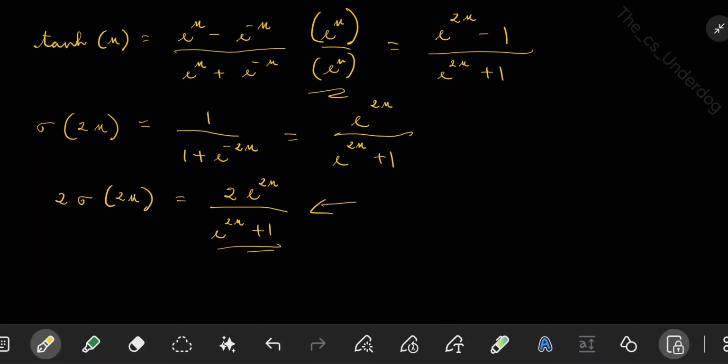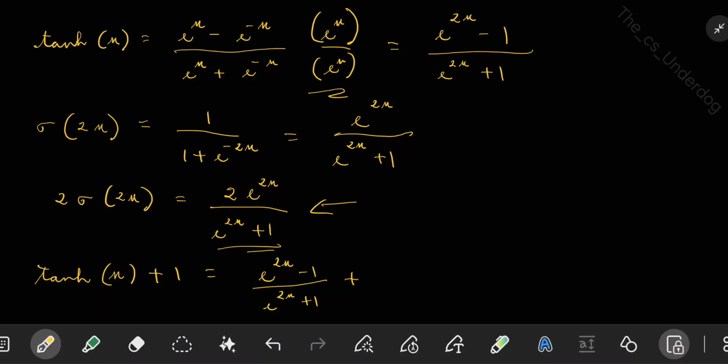What I'm going to do now is, instead of this, what if I do tan h x plus 1? Then what I'm going to get? That is, if I do tan h x plus 1, that would mean whatever is here, that plus 1. So e power 2x minus 1 divided by e power 2x plus 1, plus 1. This is what I'm going to do.